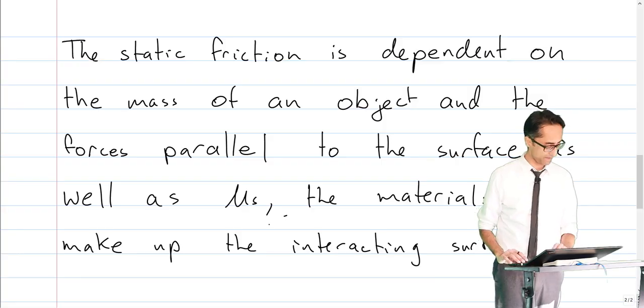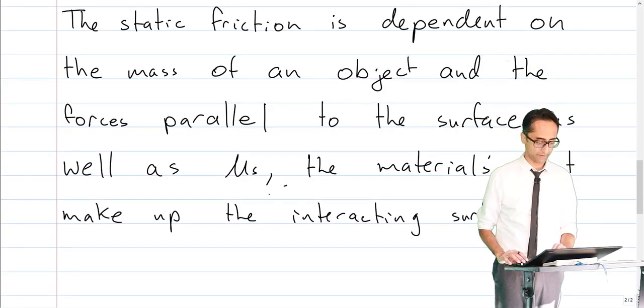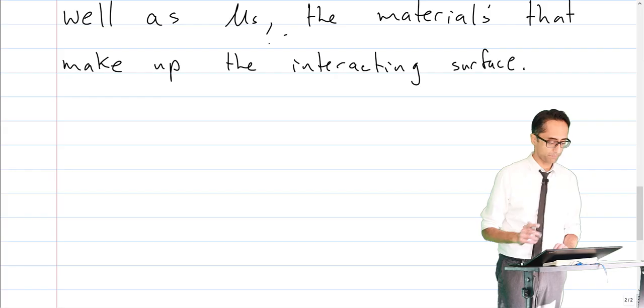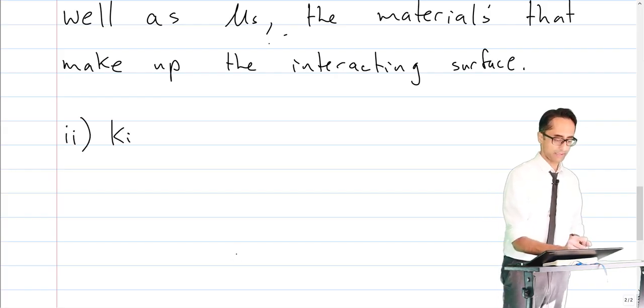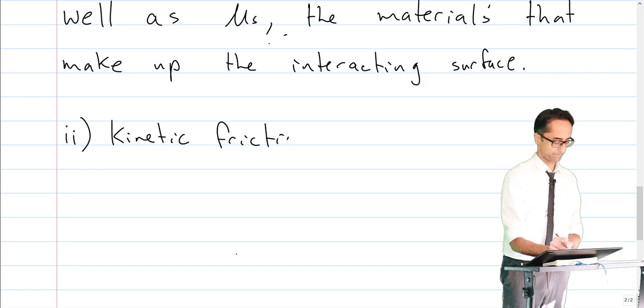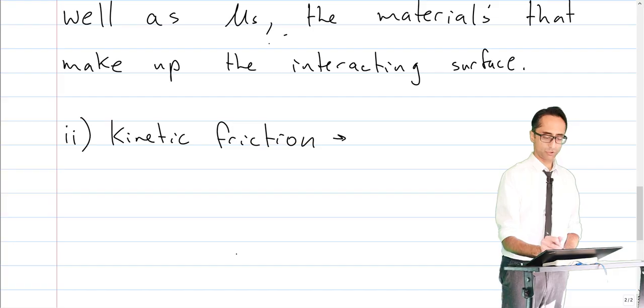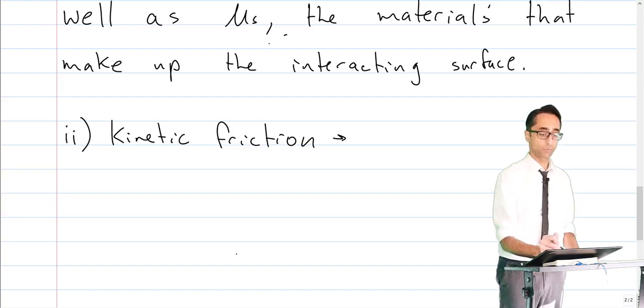If it's moving, it will have a very, very specific value. But other than that, things are very similar. So we have our kinetic friction, and this is the frictional force opposing the motion of an object that is moving.